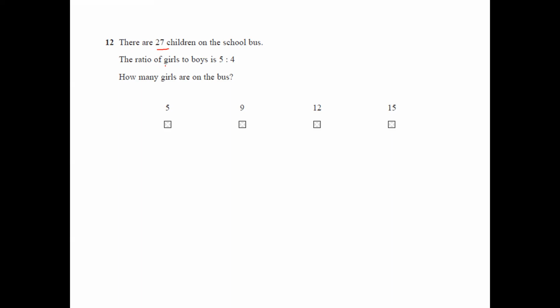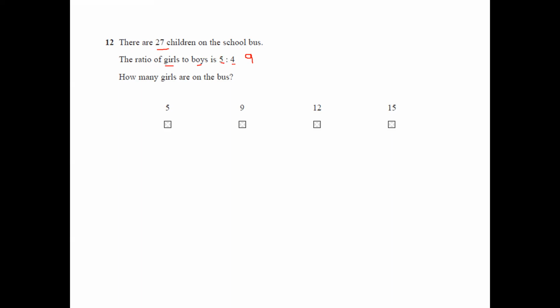The ratio of girls to boys is 5 to 4. So if you take the total, 5 plus 4 is 9. That means if there are 9 children in the bus, out of that 9, 5 are girls and 4 are boys. That is what it says.